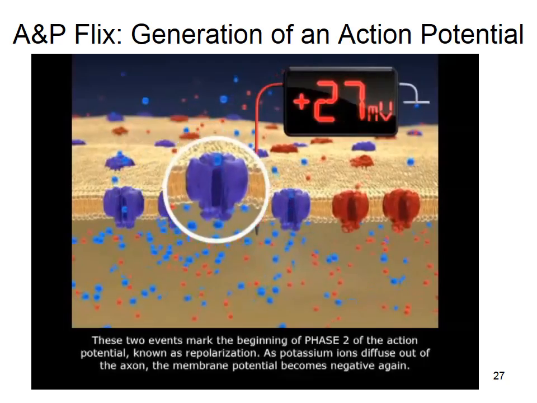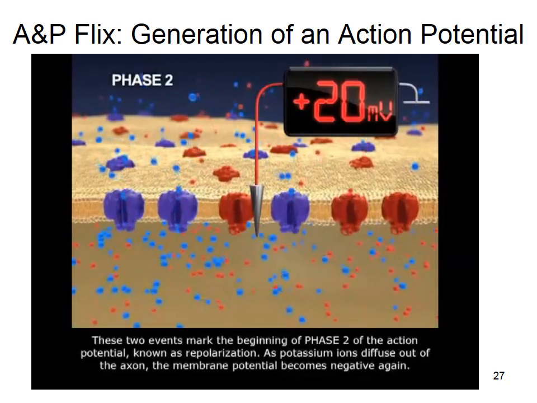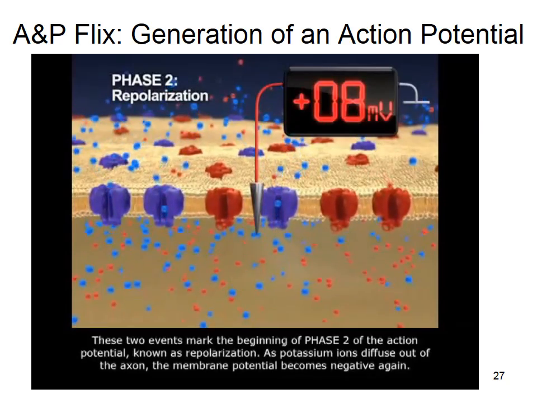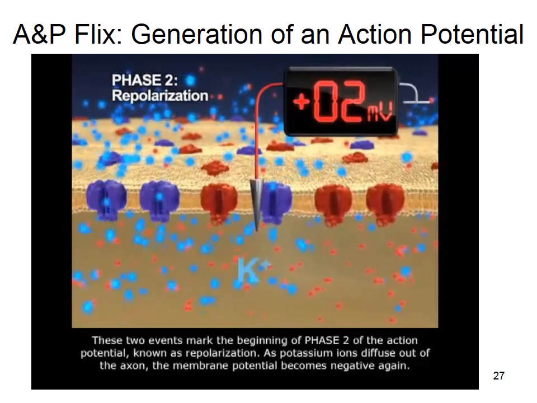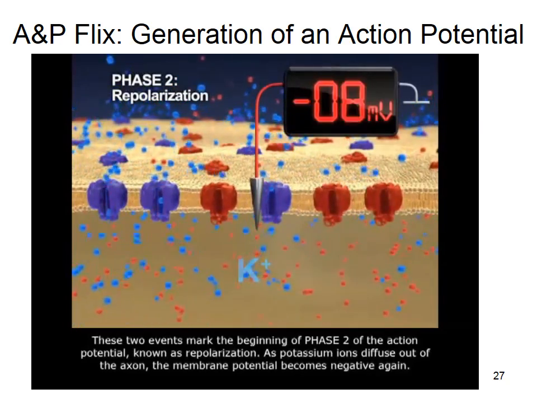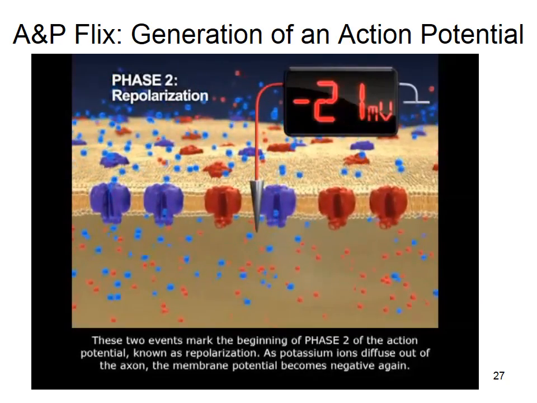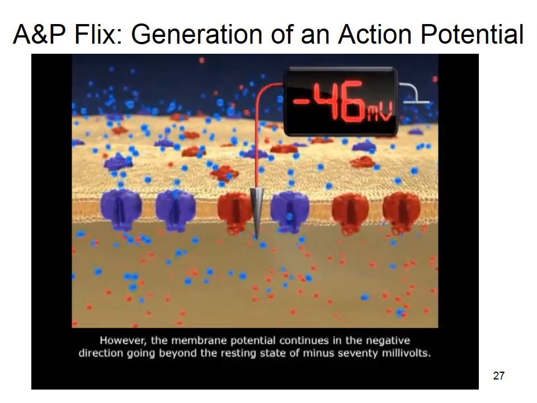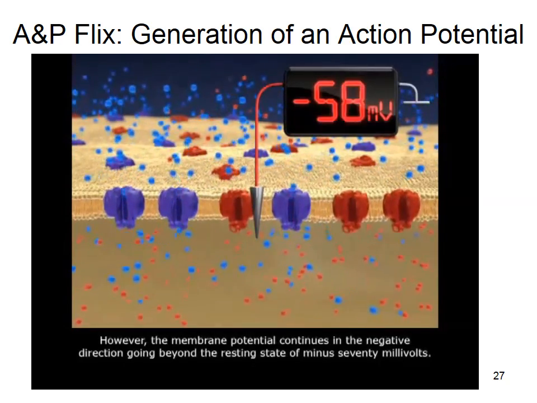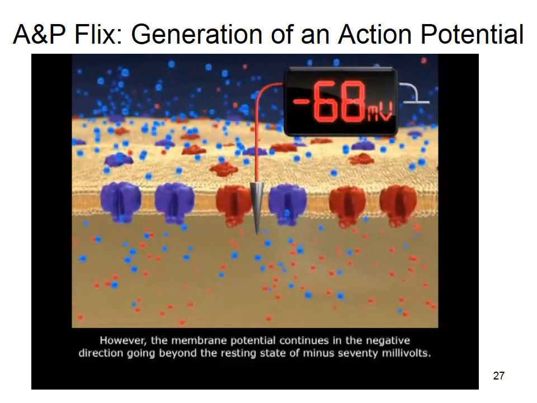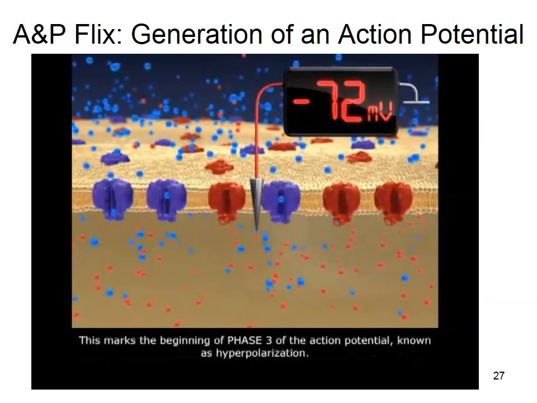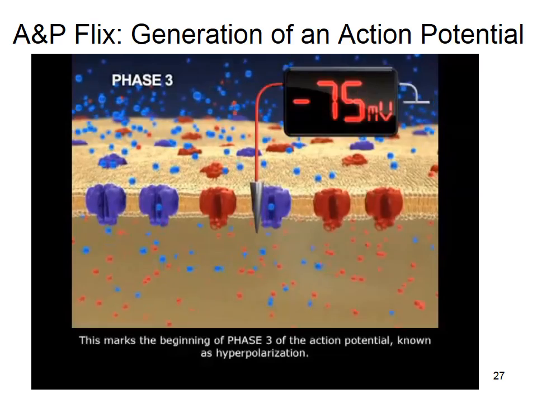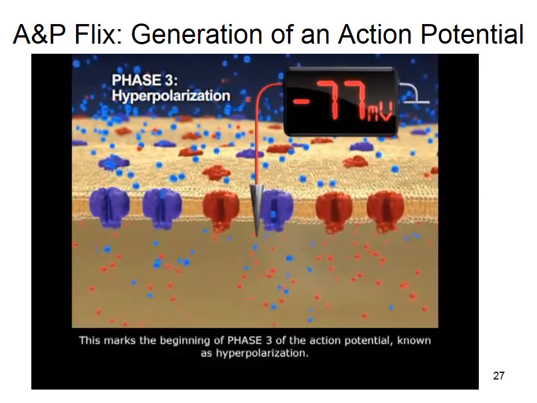These two events mark the beginning of phase 2 of the action potential, known as repolarization. As potassium ions diffuse out of the axon, the membrane potential becomes negative again. However, the membrane potential continues in the negative direction, going beyond the resting state of minus 70 millivolts. This marks the beginning of phase 3, known as hyperpolarization.